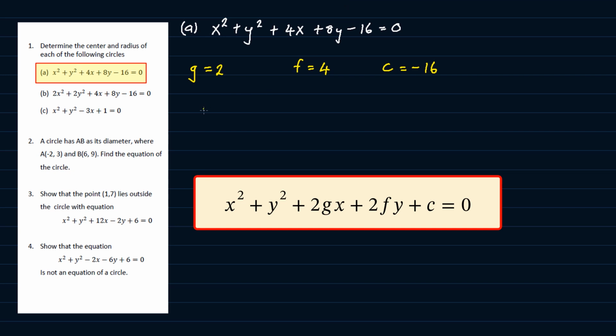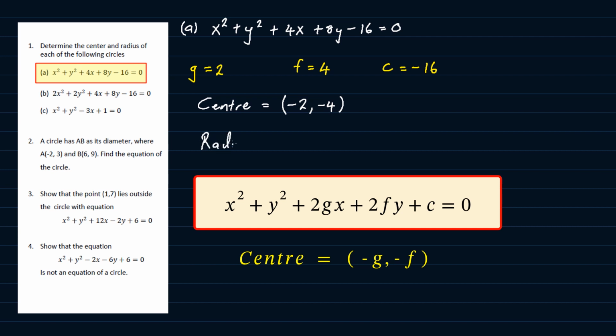So in such a case, the center of the circle is minus g and minus f. So that will be minus 2 and minus 4. So that's the center. And then for the radius, we use the formula square root of g squared plus f squared minus c.